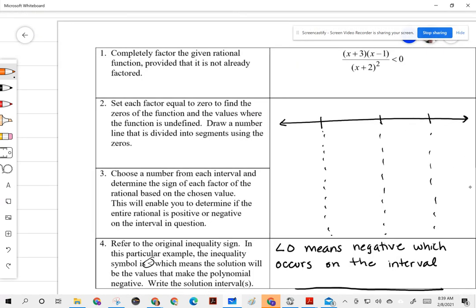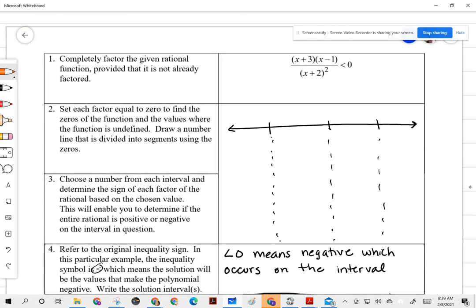All right, so now let's take a look at this one. It's already nicely factored for us. So what we need to do is to be able to identify those zeros. All right, so I'm going to have a 0, x equals -3. I have x is equal to 1, and I notice that x cannot equal -2, which is where this is undefined, right?